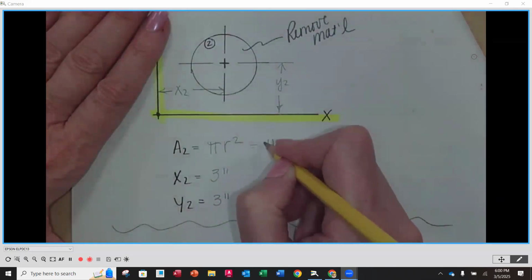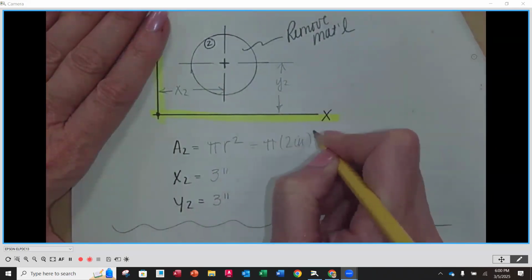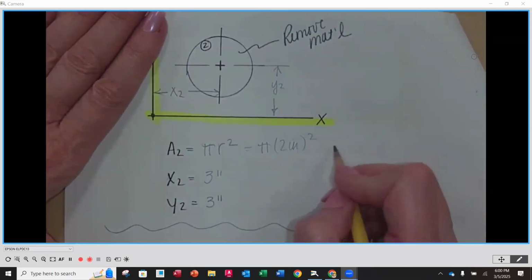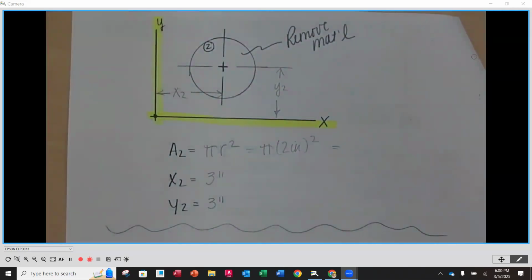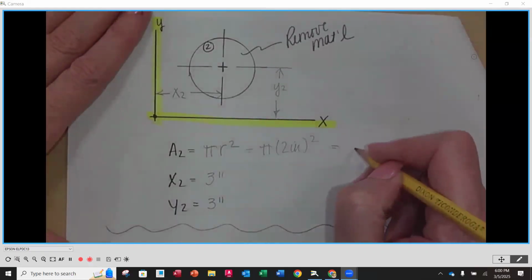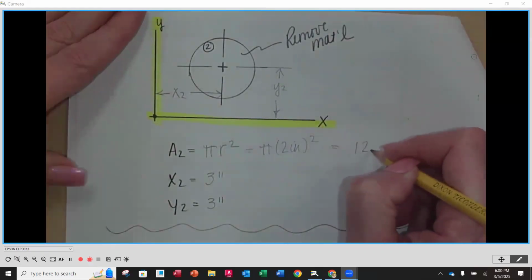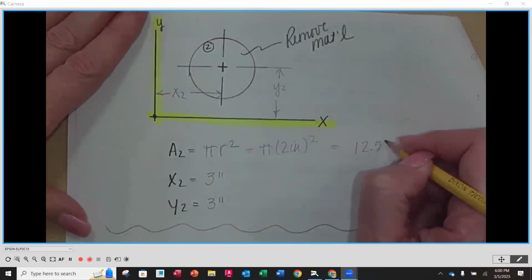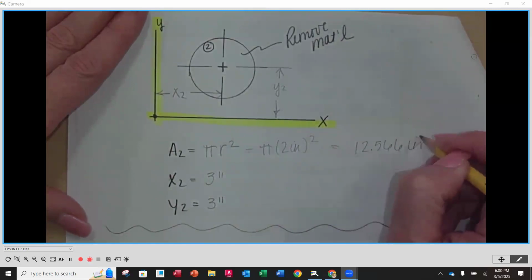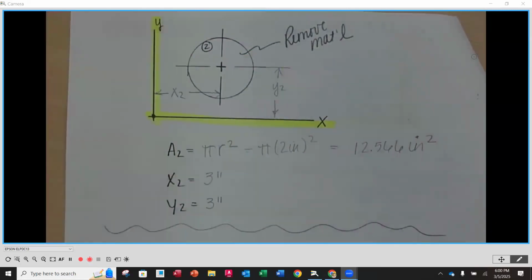So this is going to be pi times 2 inches squared. Okay. So my area 2, what do we get for area 2? You get 12.566 inches squared.